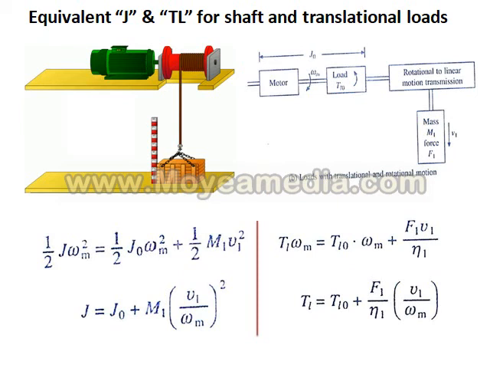Eta 1 is the efficiency. Then, dividing the equation throughout by omega m, TL equals TL0 plus F1 V1 by eta 1 omega m. So these are the inertia and load torques for directly coupled as well as translational loads.